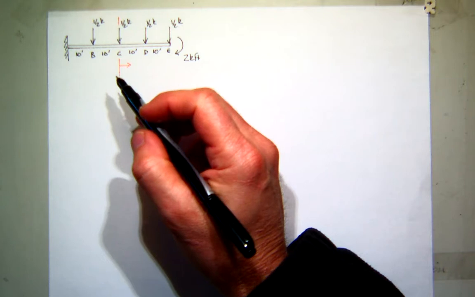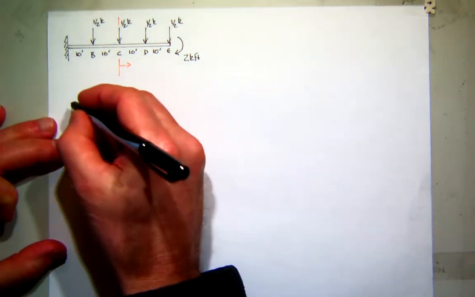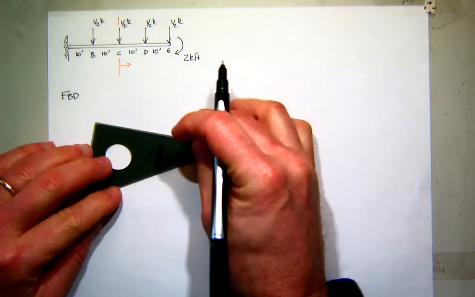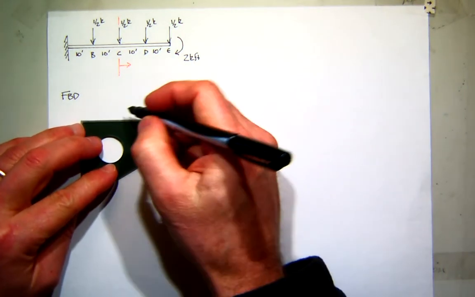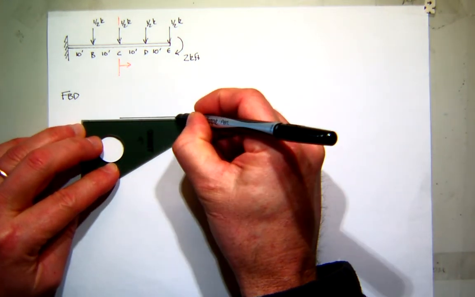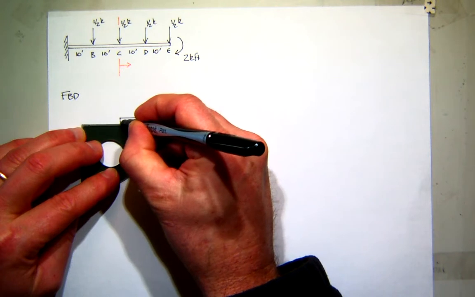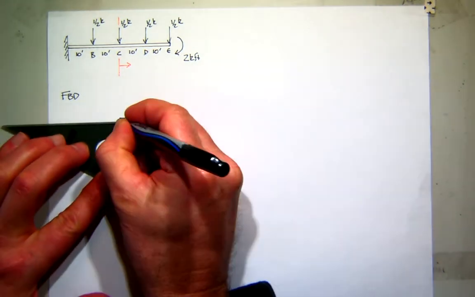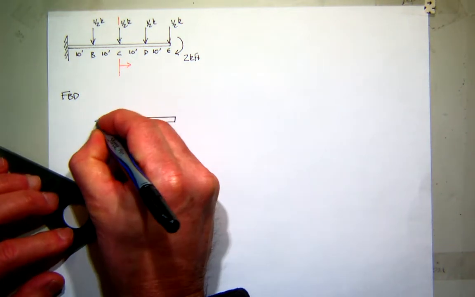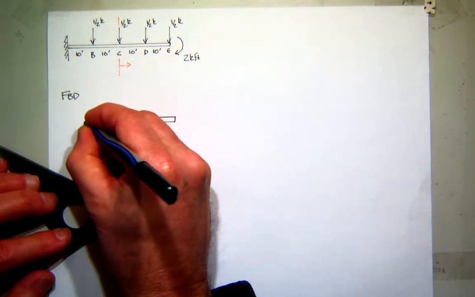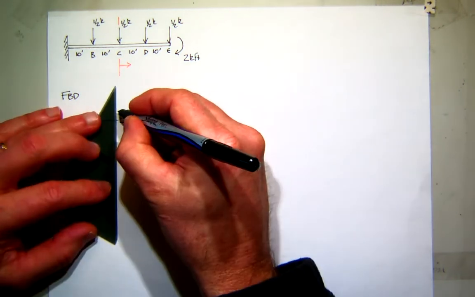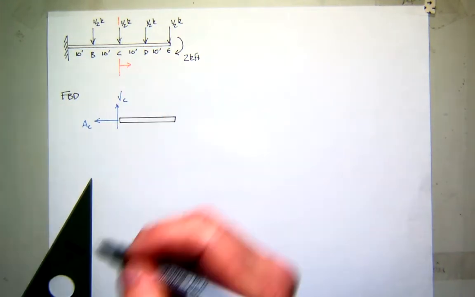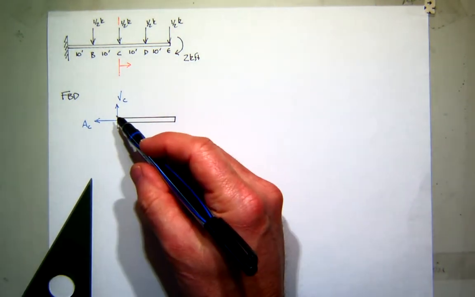Now, let's draw the free body diagram for this. So there's that part of the structure at C. What I'm going to do now is assume a positive axial force at C, a positive shear at C. Now, why do I know that's positive?